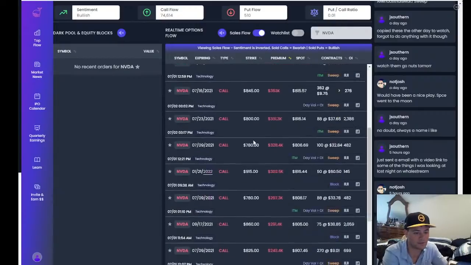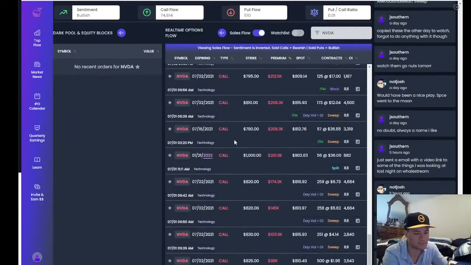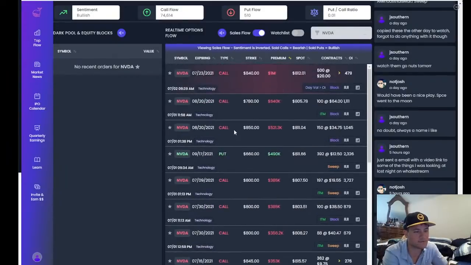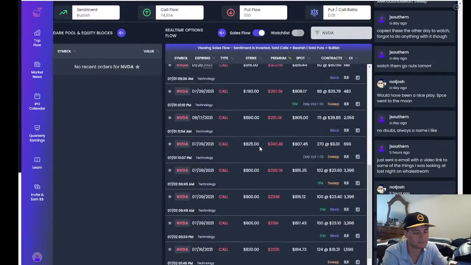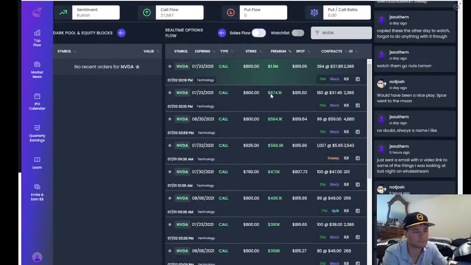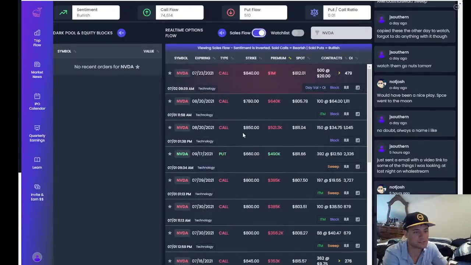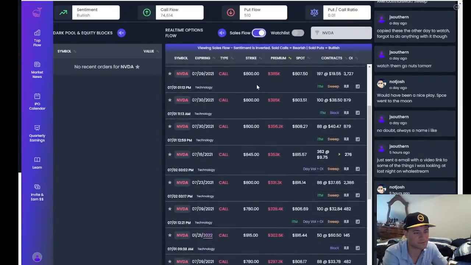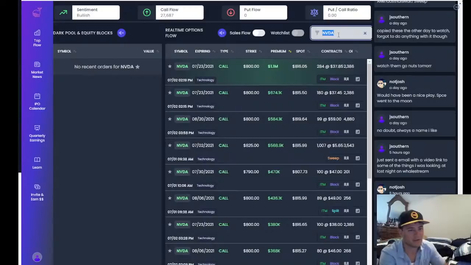Although we do have some call selling here once we turned on sales flow. Is that giving me just sales? No, because there's a buy right here. All right, when I hit this button, it's only showing me the bearish positions. And when I turn it off, I think it's giving me everything.